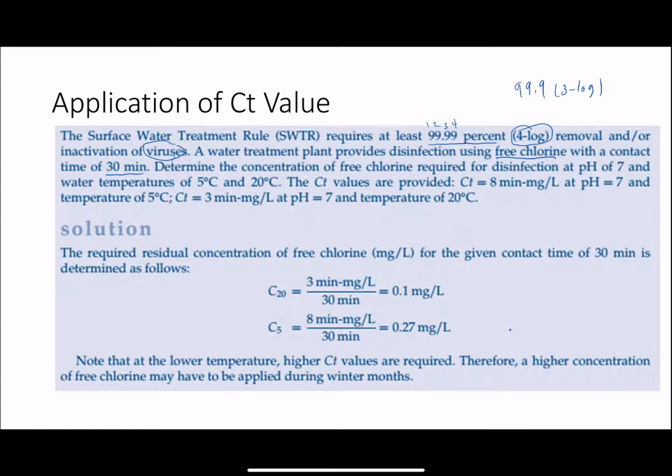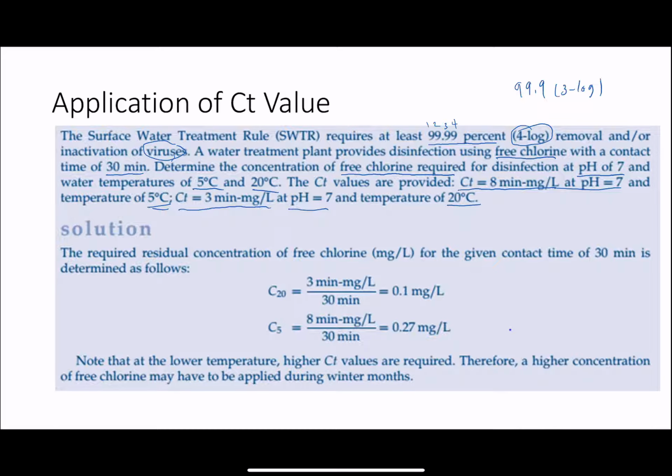Determine the concentration of the free chlorine for disinfection at pH 7. Water temperature is 5 and 20 Celsius. CT values are provided. CT is 8 milligram per liter minutes at 5 Celsius and pH 7, and CT is 3 milligram per liter minutes at pH 7 and temperature 20 Celsius.